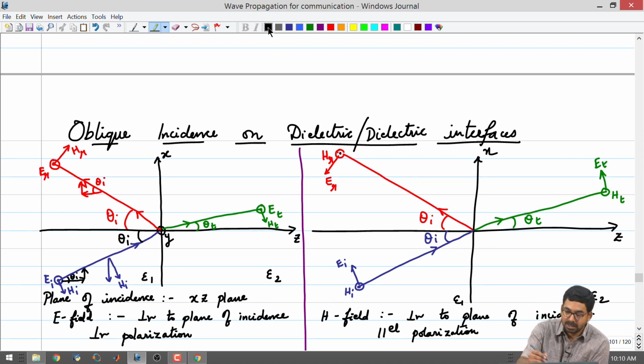So, you will have to resolve this into two parts, one like this and the other one like this, and you have to take the tangential part, which is the vertical component over here, and apply the boundary condition, that is tangential components will be continuous at the interface.